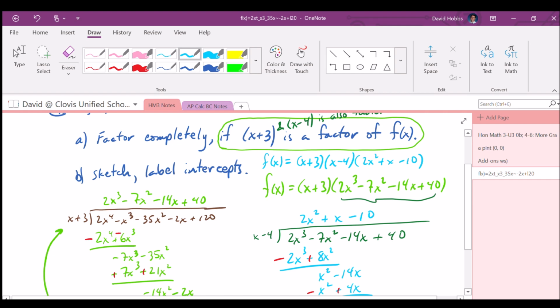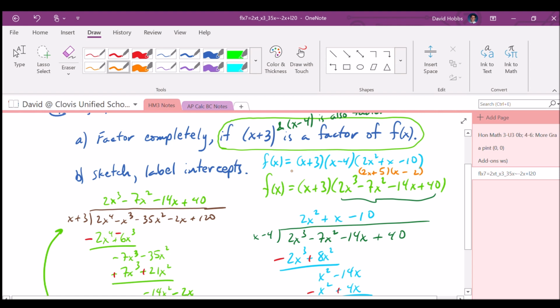Now, does the 2x squared plus x minus 10 factor again? It sure looks like it does. It's just a trinomial, so we can probably just finish it off. 2x, 1x, probably 5 and 2, which means the 2's over here, the 5's there. I think I want the 5 positive and the 2 negative. Yeah.